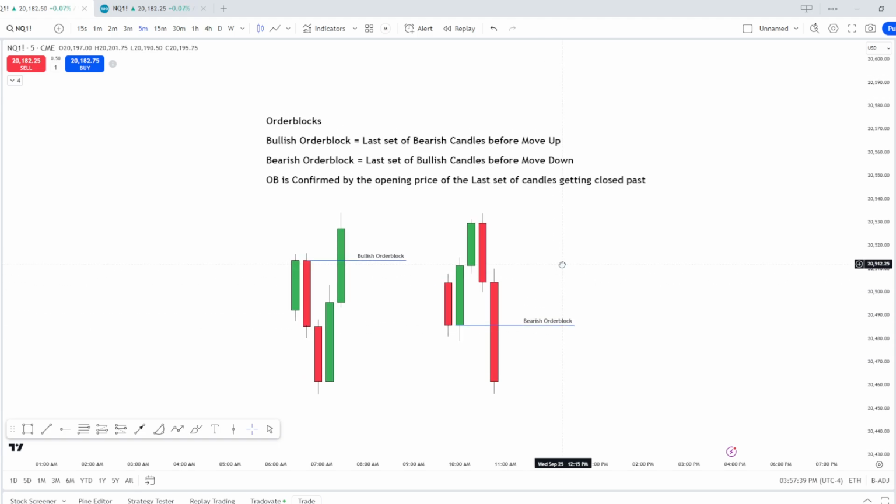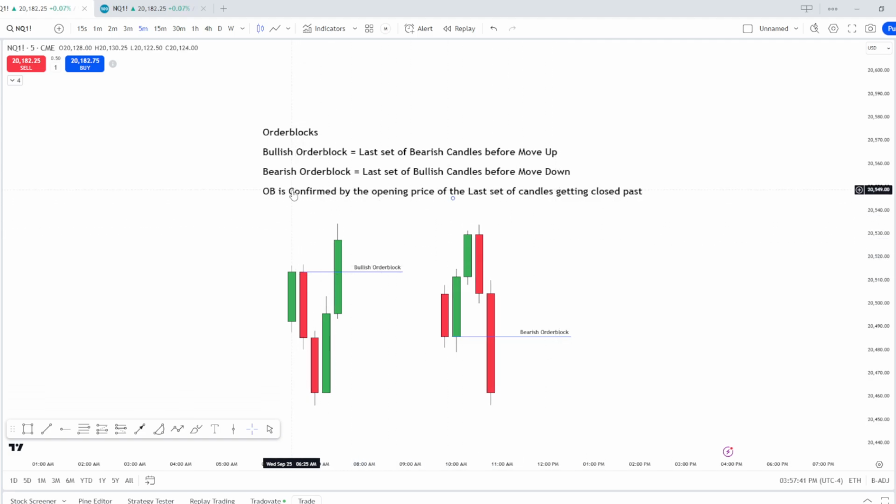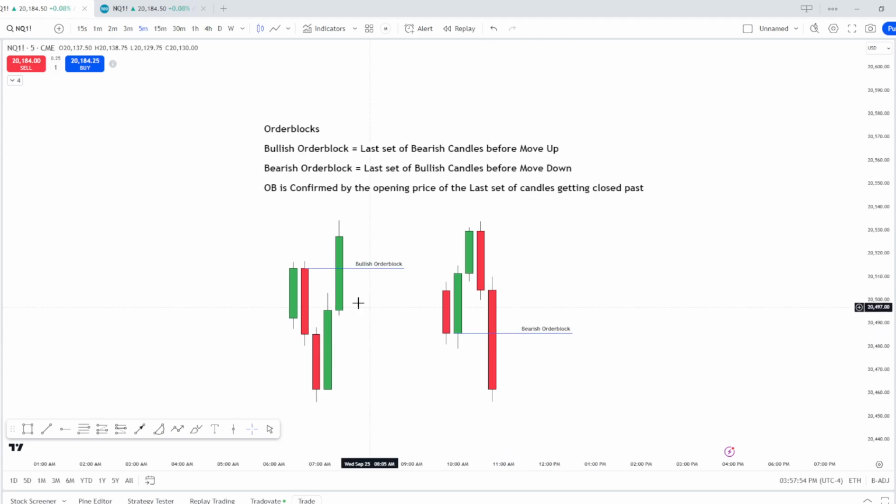And like I said, very simple. It is confirmed to be valid by the opening price of the last set of candles getting closed past. This is the opening price of the move up; once it gets closed past with a lower price, we have a bearish order block. The opening price of this move down, before this gets closed above, makes this a bullish order block right here.